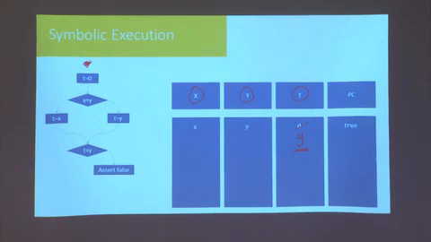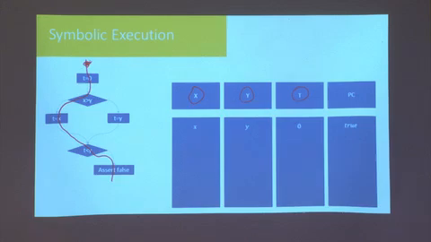All right? So what about a different path? So now we're trying this path. So what would be the path condition for this? So again, our symbolic state starts with t equals 0, and x and y equal to just the variables x and y.